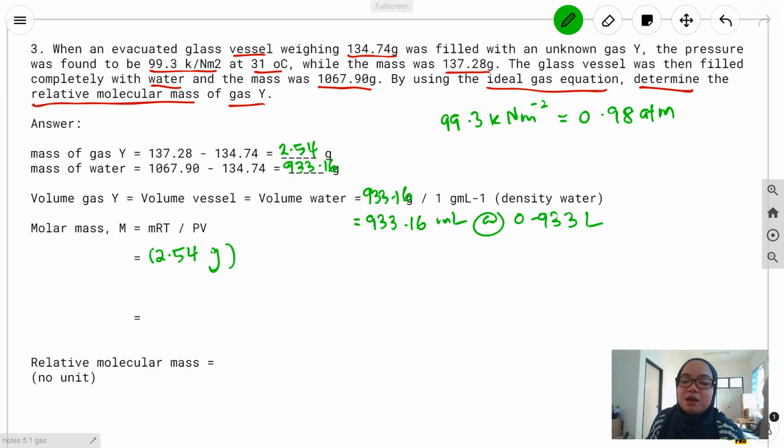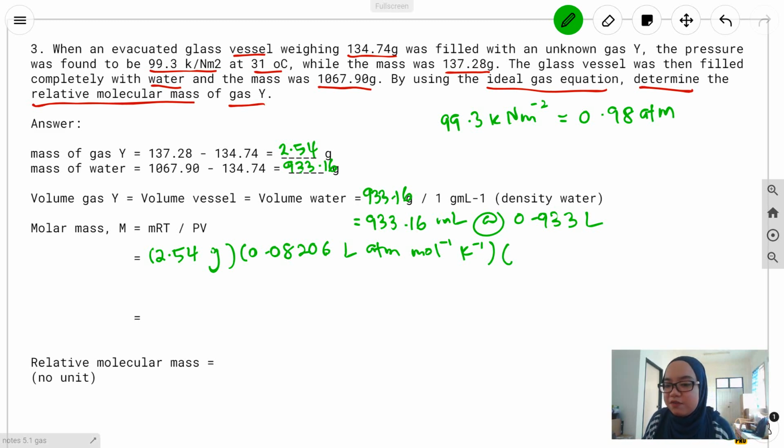You can find it inside your lecture note. There is a table of conversion there, so check that out. Okay. So it equals 0.98 atm. So R is 0.08206 liter atm per mole per Kelvin. We use this R since the pressure is in atm; we already converted into atm. Times the temperature, 31 degrees Celsius plus 273 Kelvin is 304 Kelvin.